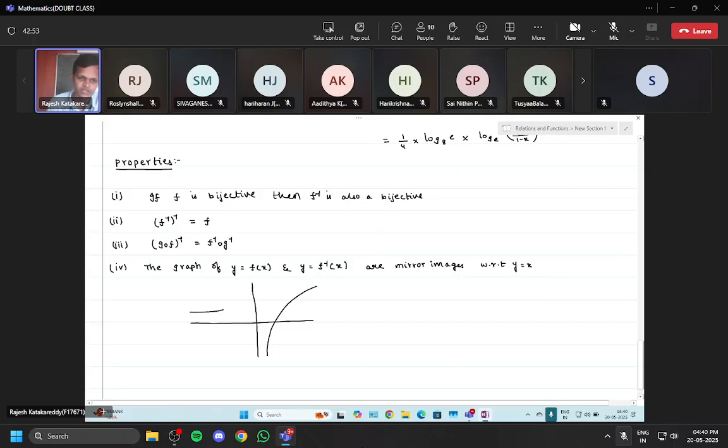If you observe the graphs, these two functions are mirror images with respect to y is equal to x. If you draw the line y is equal to x, the points on these graphs are images of each other. Let's say you know the graph of y is equal to f of x and you need to find the graph of y is equal to f inverse x. In that case, we can take the mirror image with respect to the line y is equal to x. Clear?